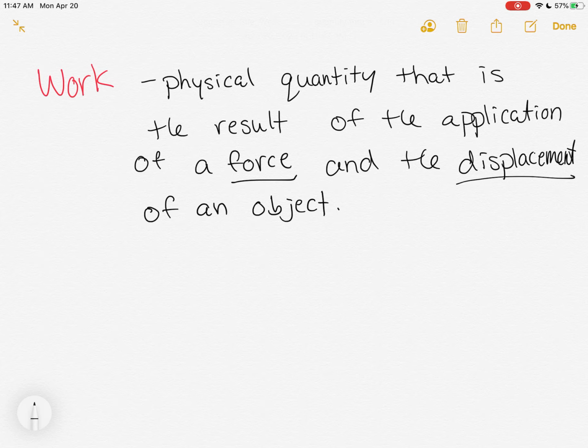Okay, so work is actually force with the displacement that goes with it in terms of an object.